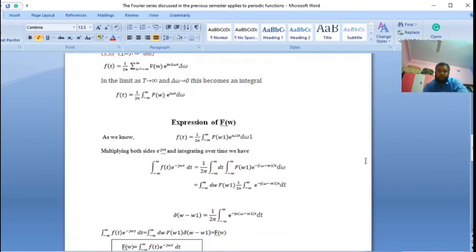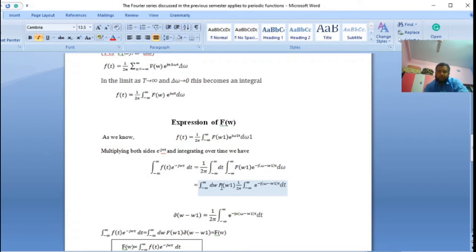Here what we have done is change omega to omega 1, which is a dummy variable, in the integration over d omega. So we can change the variable, since it is a dummy variable. If I multiply both sides by e to the power minus j omega t, and take the integration over time from minus infinity to plus infinity, then we will get that.